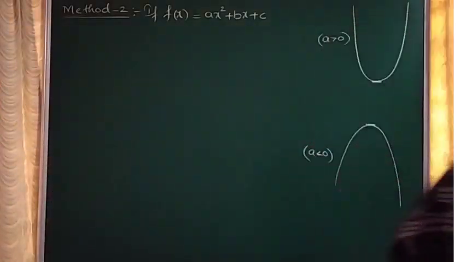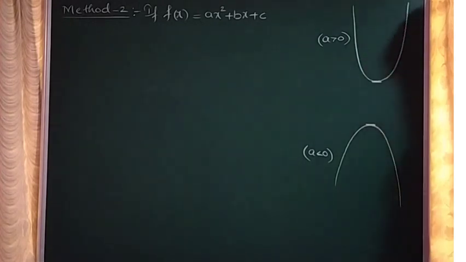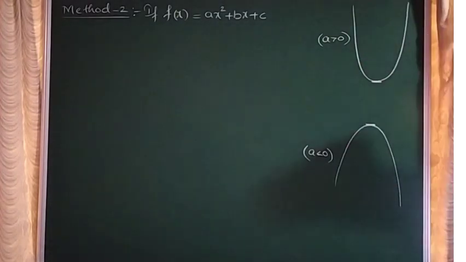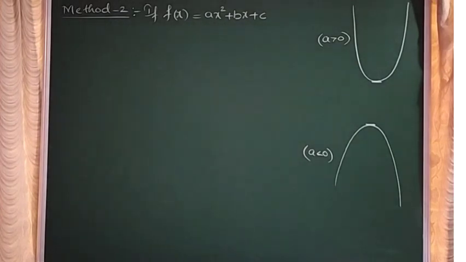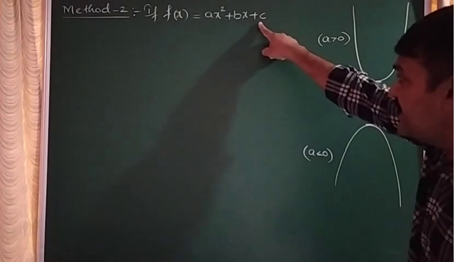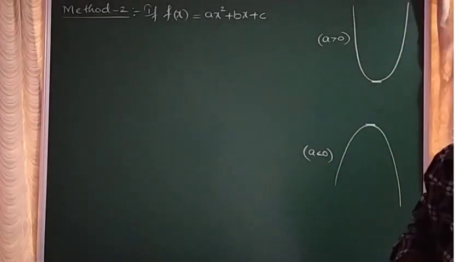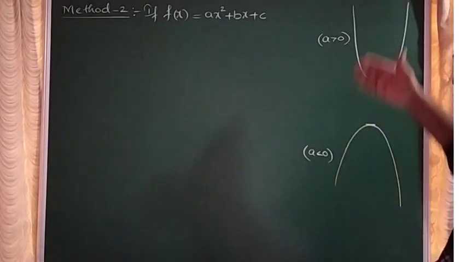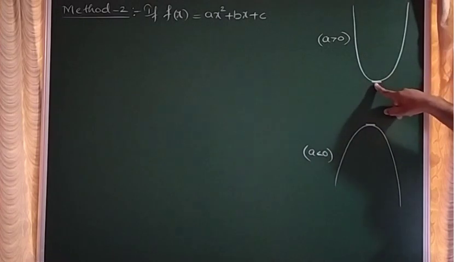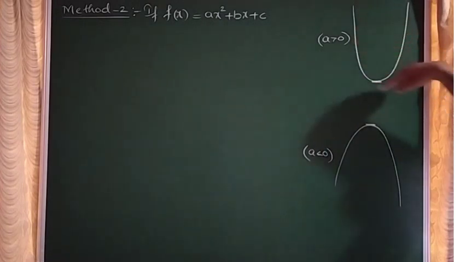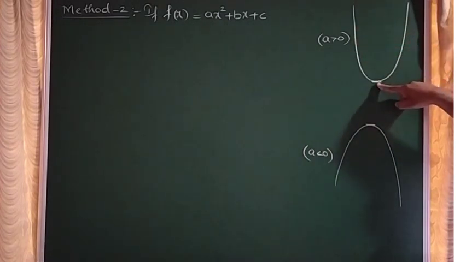You can clearly see that whenever a is positive, the quadratic expression will have a least value, but it does not have a maximum value. This is the least value of the function. The function cannot have a lesser value than this one.